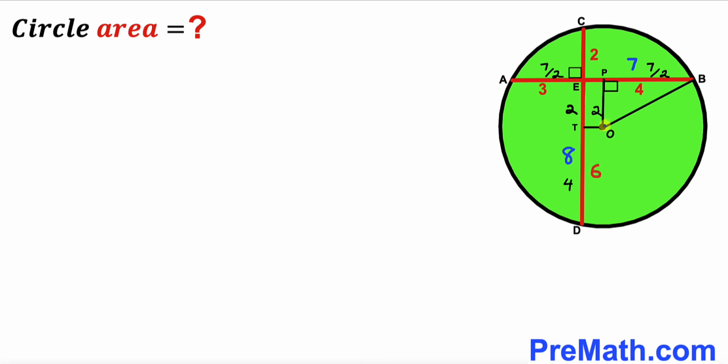Now we can see that this OB is the radius of this circle. I'm going to label this one as lowercase r. Now we are going to focus on this tiny right triangle BPO, and apply the Pythagorean theorem on this triangle to solve for this radius r.